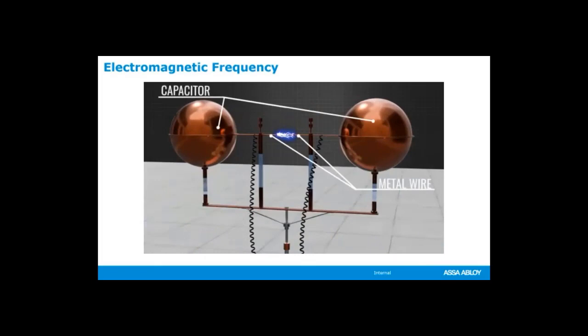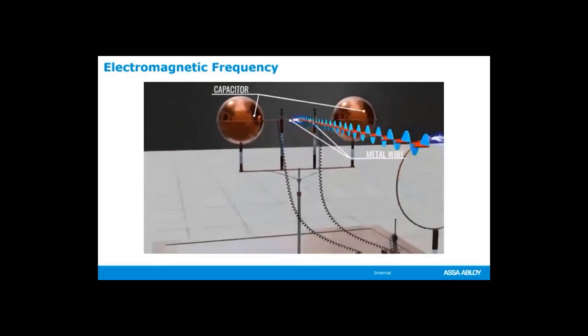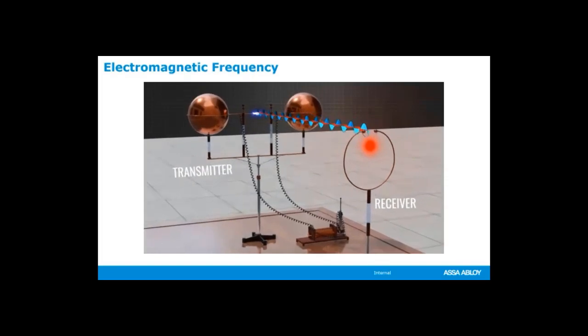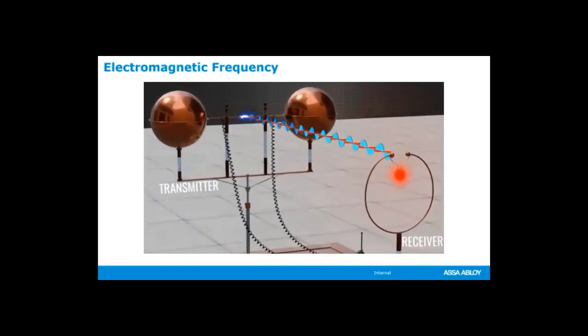This spark resulted in the radiation of electromagnetic waves. Those waves traveled through the air and created a spark in a metal coil located over a meter away. If you had placed an LED in that gap, the bulb would have glowed. This was a clear case of electromagnetic wave propagation and detection.